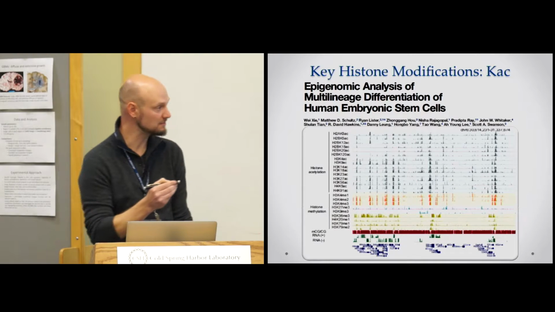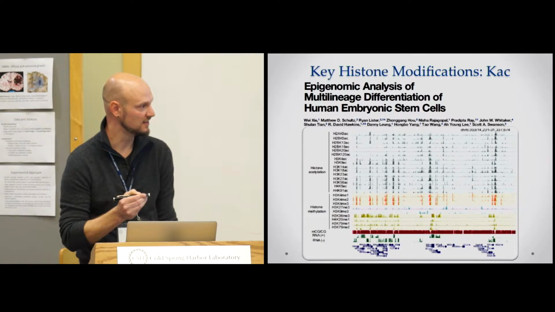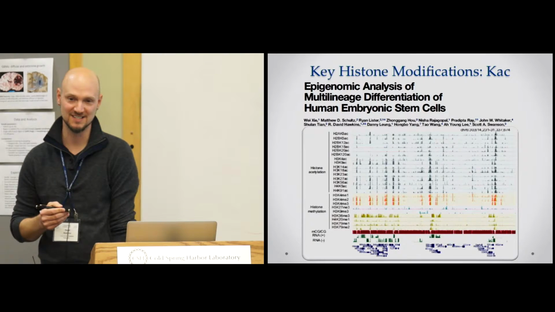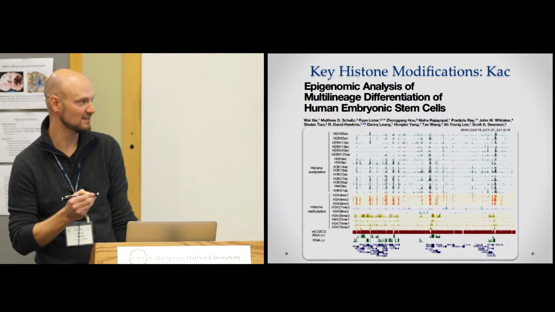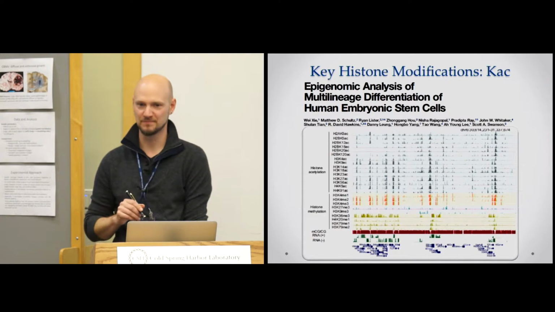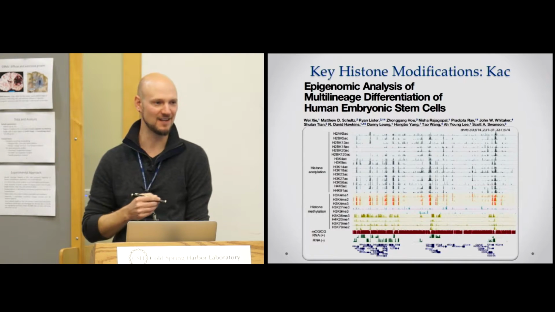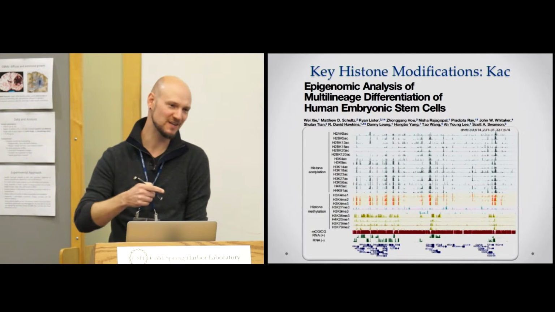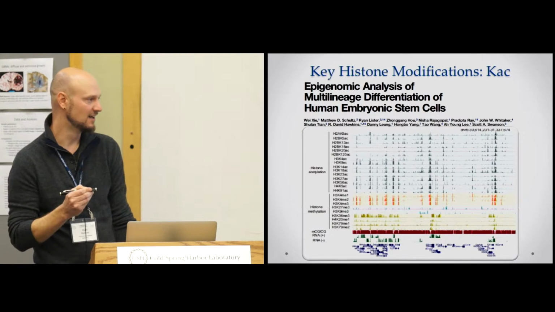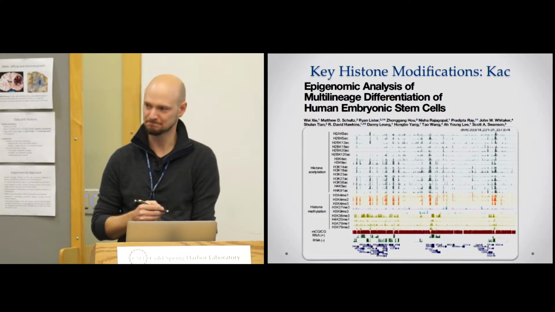If you ask people who do this on a regular basis, like Joe Ecker and Bing Ren and Ryan Lister and others, and now Gary Hahn in his own lab, they will tell you that with whole genome bisulfite sequencing data, they can pretty much tell you where enhancers and promoters are, because if they're in an active state, they tend to be demethylated. And so they would argue that just building this map, they can find the elements. So you can know when your promoters are repressed by DNA methylation, but you can find active regulatory elements just by looking for the lack of methylation at CG sites.